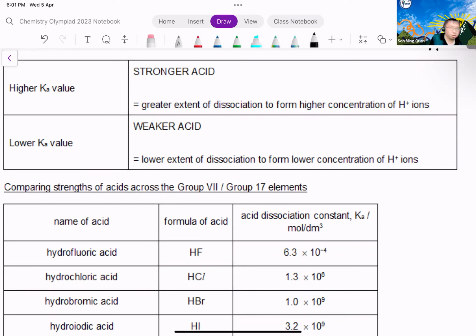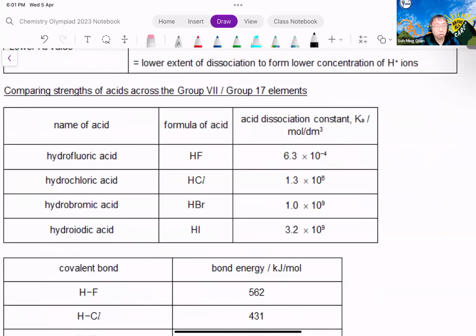So what you need to do now is relate Ka to the strength of acid and see the trends. So now we're going to go through a few trends. The first trend is group 7 or group 17. All right, so for my Sec 4 students, it's group 7. For the Sec 3 students, this is group 17. Group 17 contains fluorine, chlorine, bromine, iodine. These all form acids. HF, HCl, HBr, HI, all of them have H because they must produce H plus.